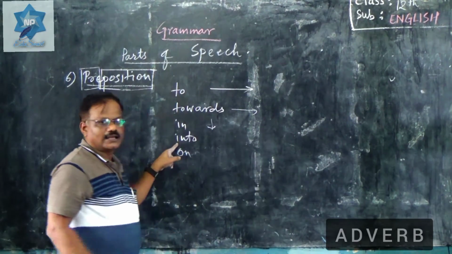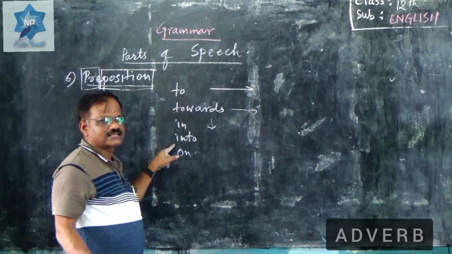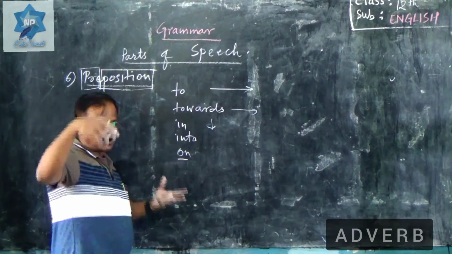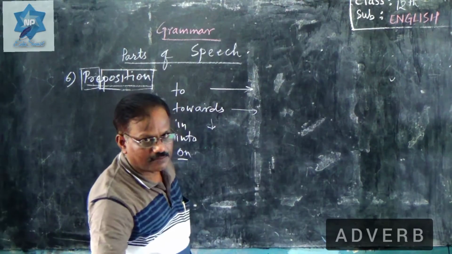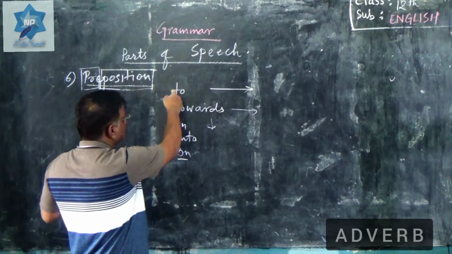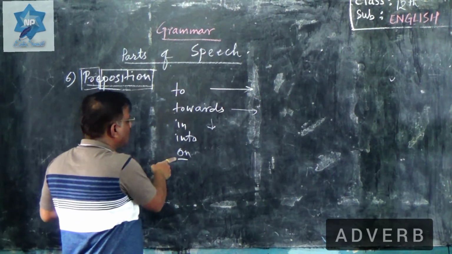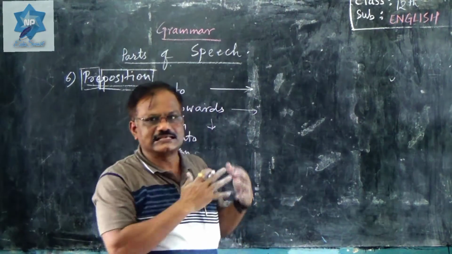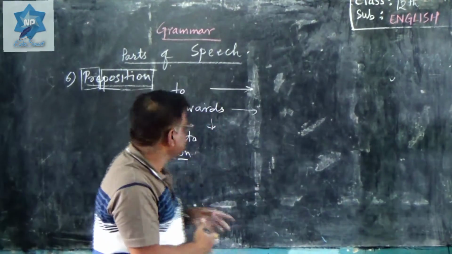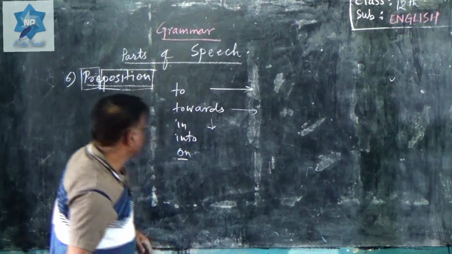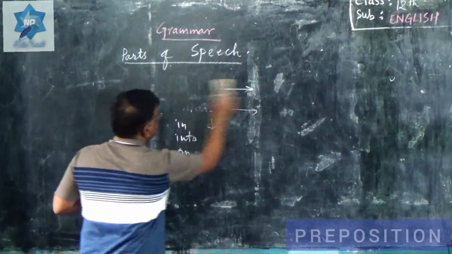Into takes some action also. In and into. On, the duster is on the table, but I am putting the duster onto the table. So to, towards, in, into, on, under, beneath, up, upward. These are the words known as prepositions that show position or direction. In this way, this is the sixth part of speech.